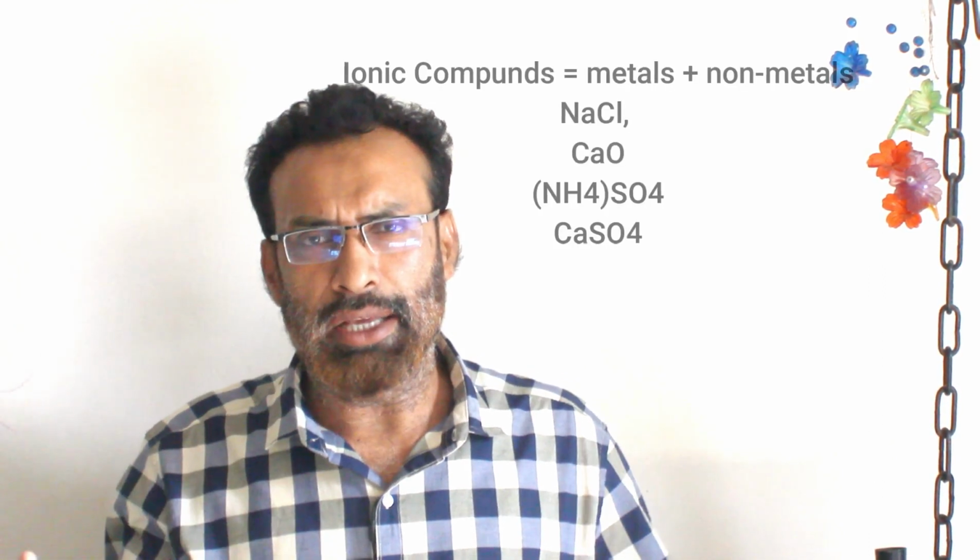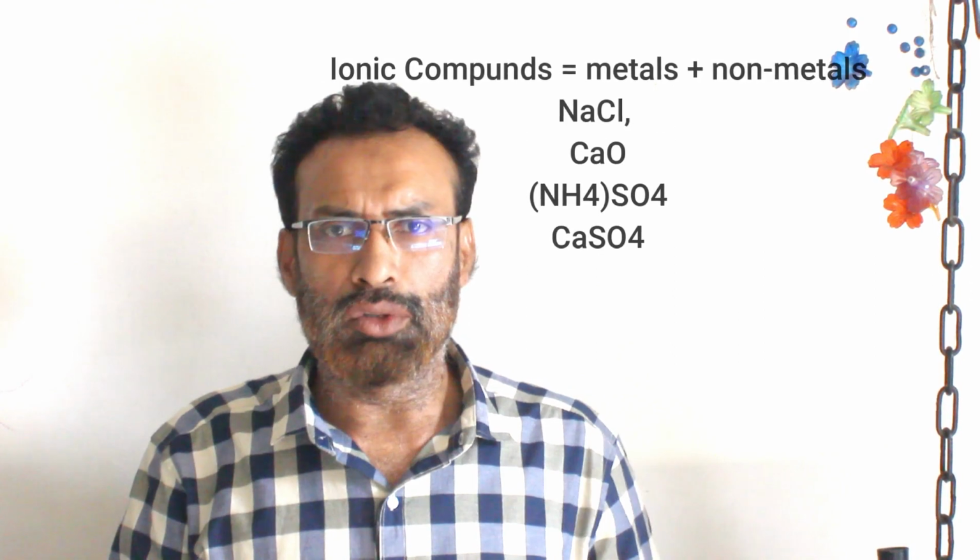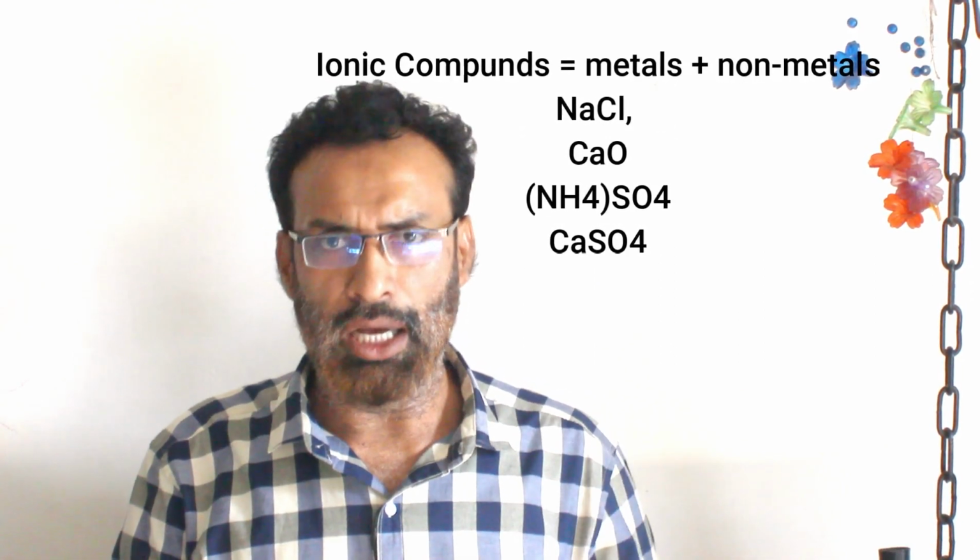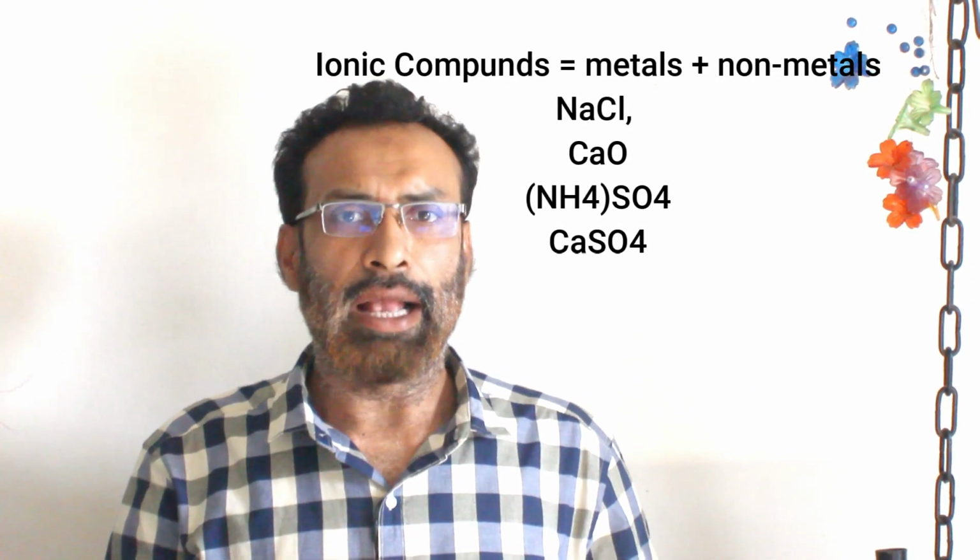But if the substances consist of metals and non-metals together, then they are not molecules, they are basically ions, and the ions are held together in a giant ionic lattice. So this is how you can understand. There are many examples. Ionic compounds are sodium chloride, calcium oxide, ammonium sulfate, calcium sulfate.